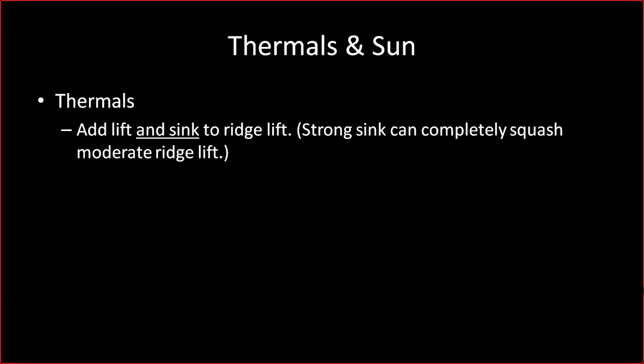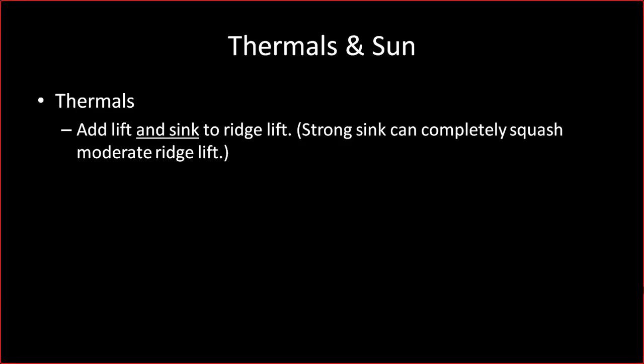So if you're in the lifting part of the thermal, the good part of the thermal, and it's in ridge lift, then it's probably going to be better than if you were in either one of them alone. They're somewhat additive. If you're in the ridge lift but outside the edge of the thermal in the sinky area, then your ridge lift is going to be worse while that thermal passes through, because the sink from the thermal is fighting the lift from the ridge, and it may just wash out to be nothing.